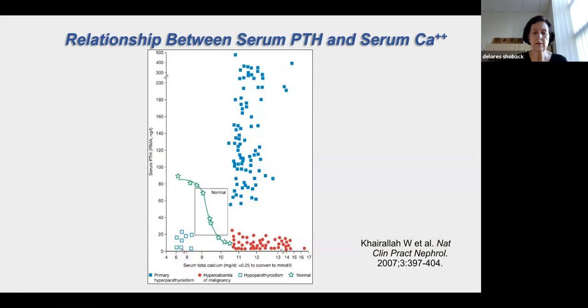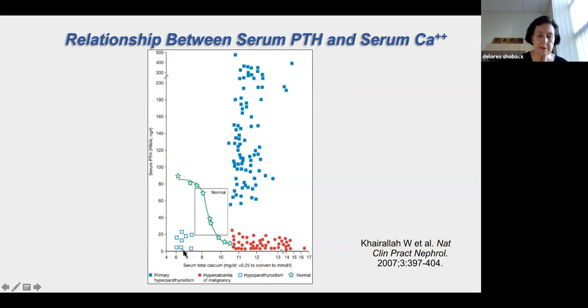So this is a little chart that we use a lot in endocrinology when we look at the relationship between PTH. It's over here on the y-axis, okay? And here's your serum total calcium on the x-axis. And these little open blue squares down here in the left corner are patients with hypoparathyroidism, okay?